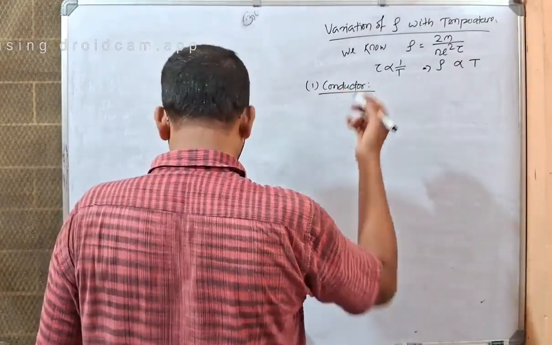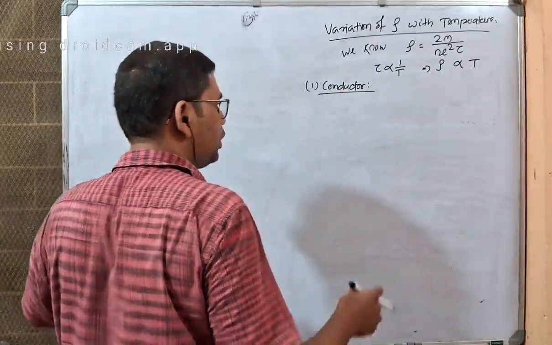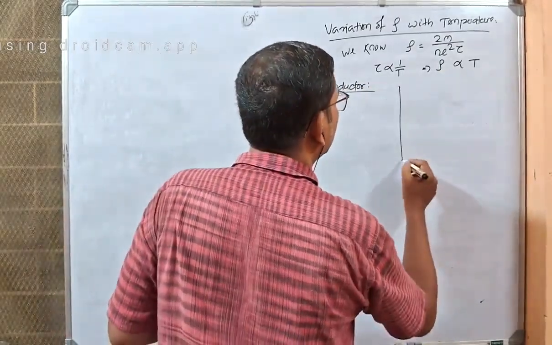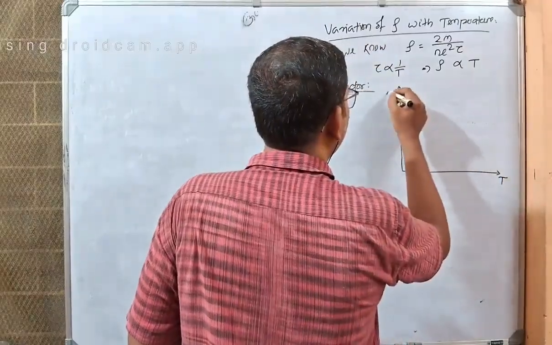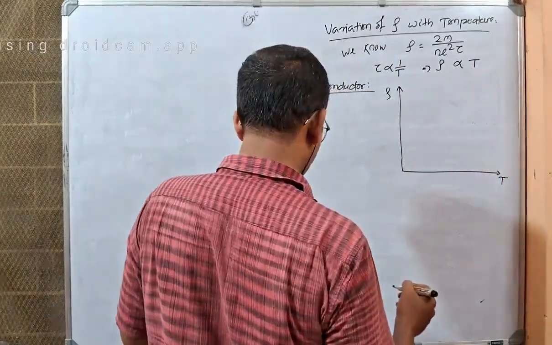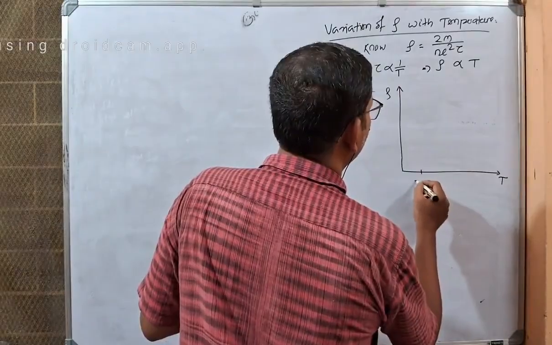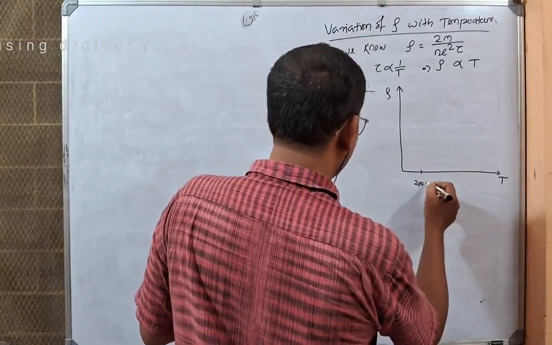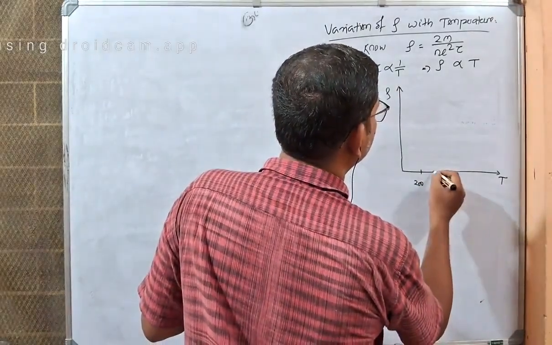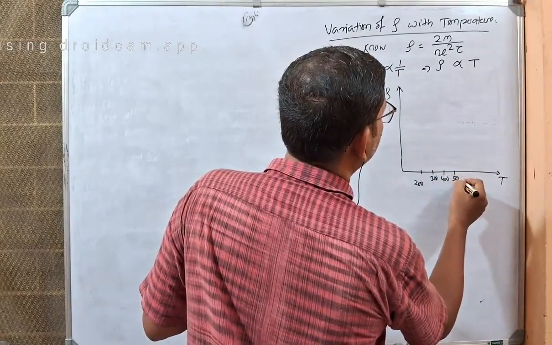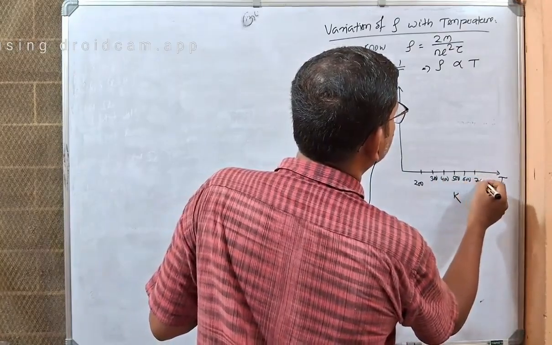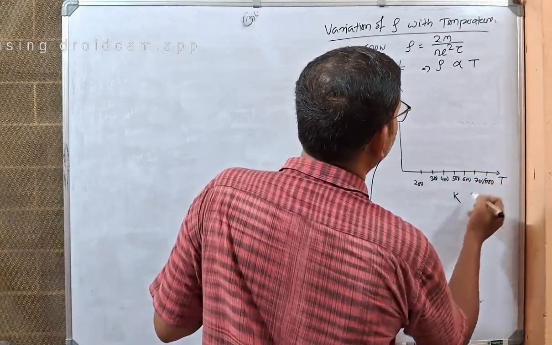So first for conductors, which have free electrons, if we plot a graph between resistivity and temperature, we generally find, suppose this is 200 Kelvin, 300 Kelvin, 400, 500, 600, 700, 800.